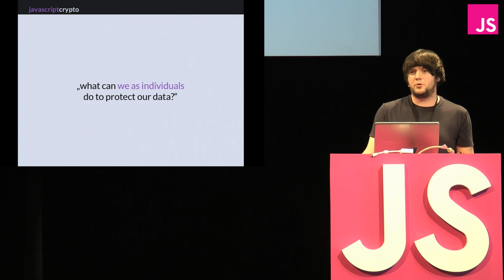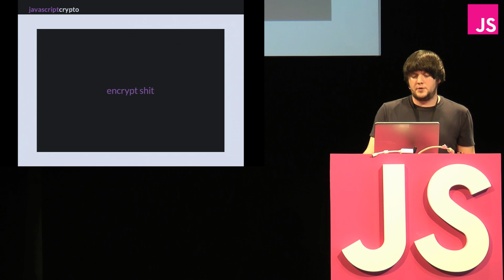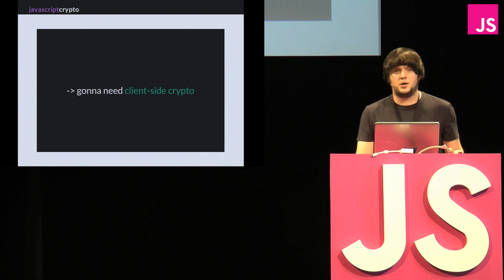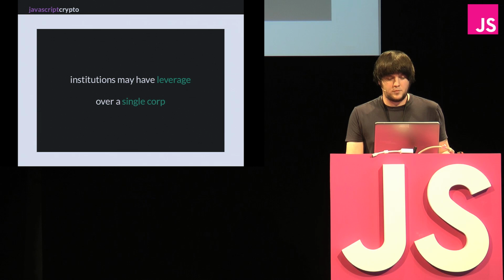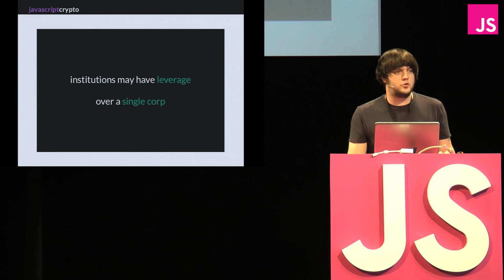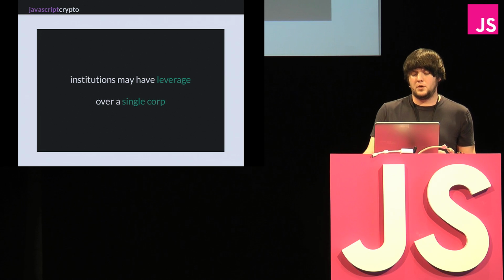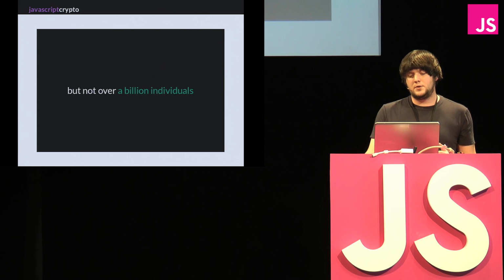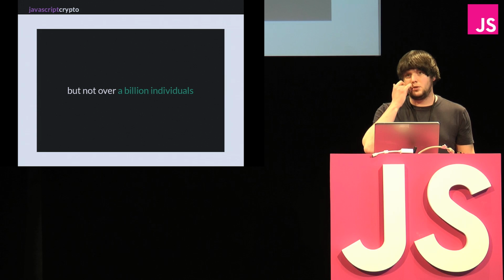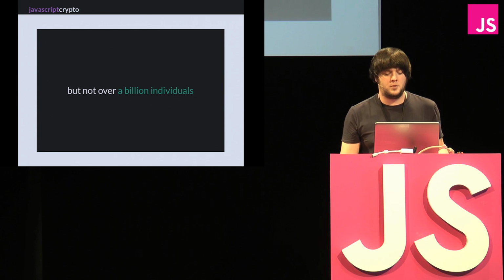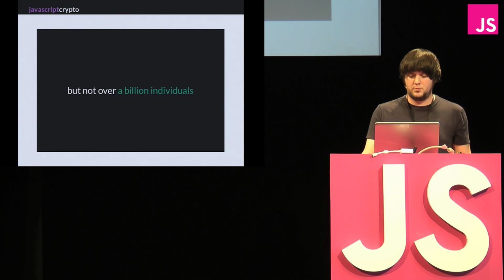Can we do something to protect ourselves? And I say we can. We have to start encrypting our stuff on the client. And to do that, we're going to need client-side crypto. And this improves things because even if an institution has leverage over a corporation, if they can extort them to hand over the data, it doesn't matter if we as individuals encrypted it. And it's not profitable to try to decrypt everything from every single human.